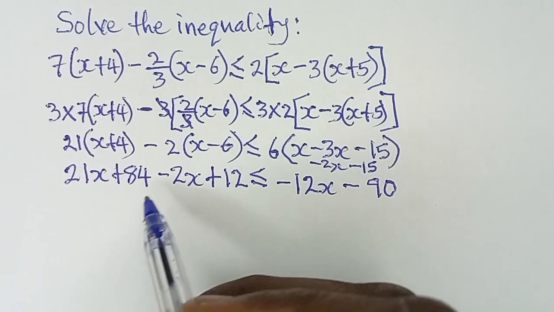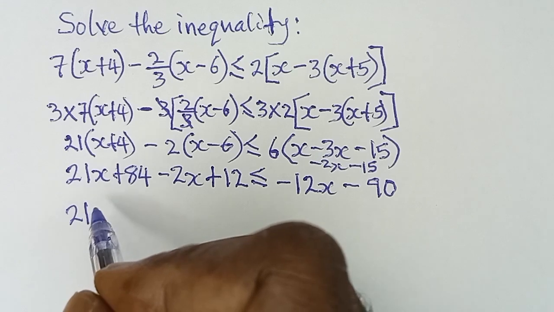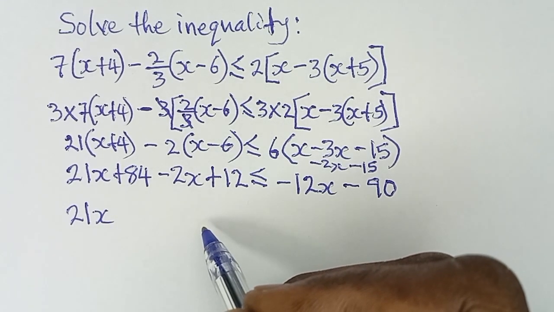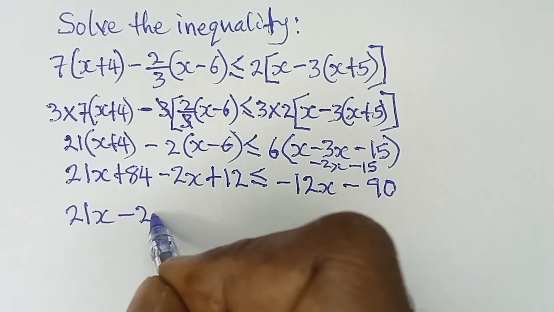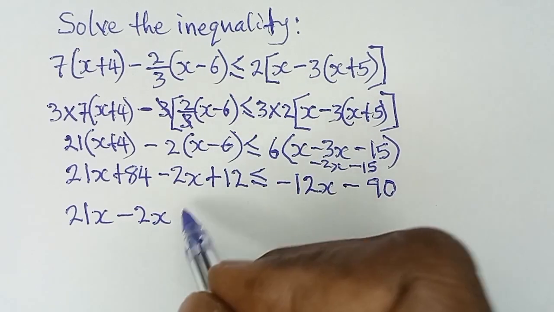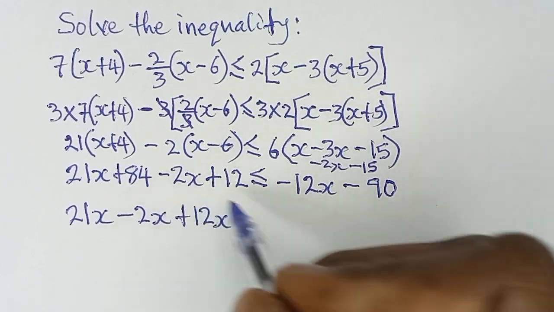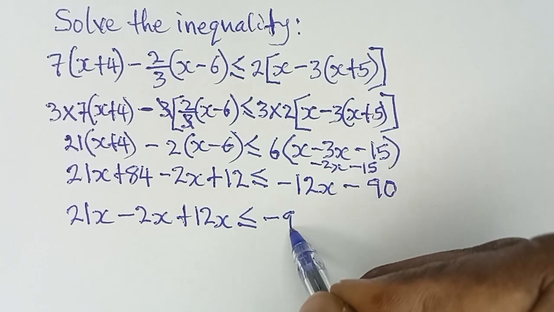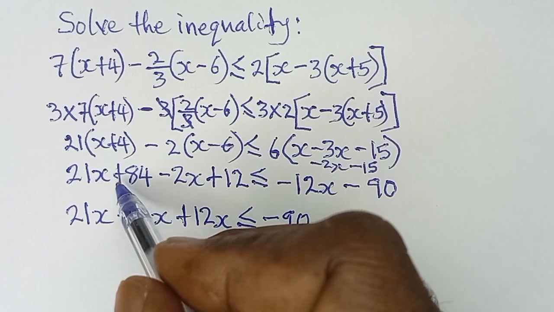Then I can now collect terms in x. Let me bring the x term to the left hand side. So I have 21x here, 21x, and then this negative 2x is still here, and then this negative 12x, if it comes to this side, becomes positive 12x, and then less than or equal to, this is negative 90, and then this is positive 84.